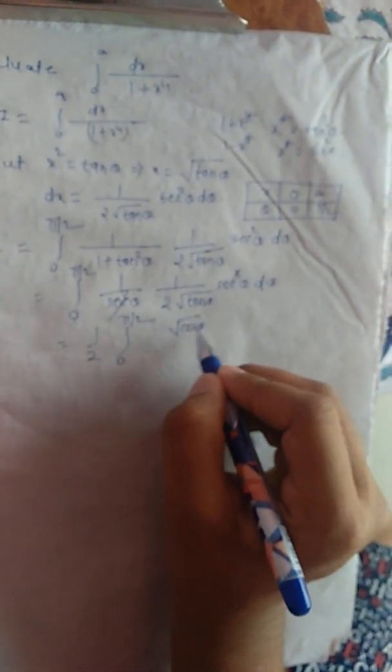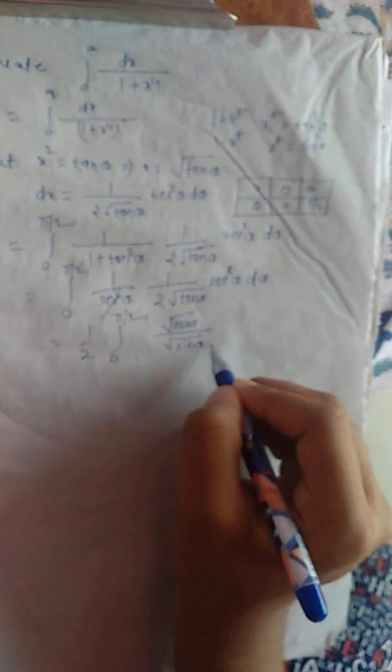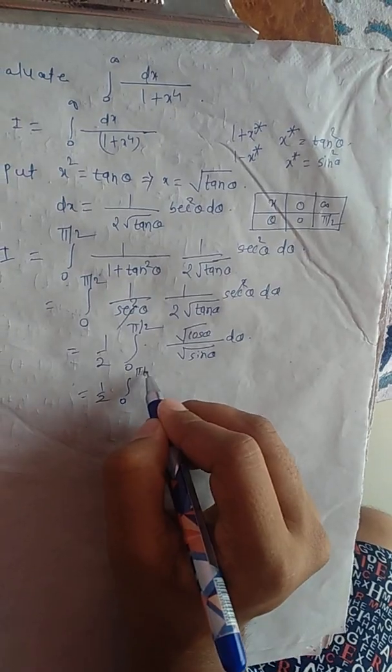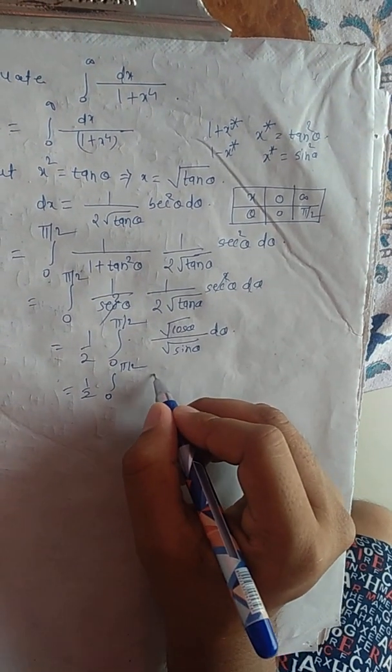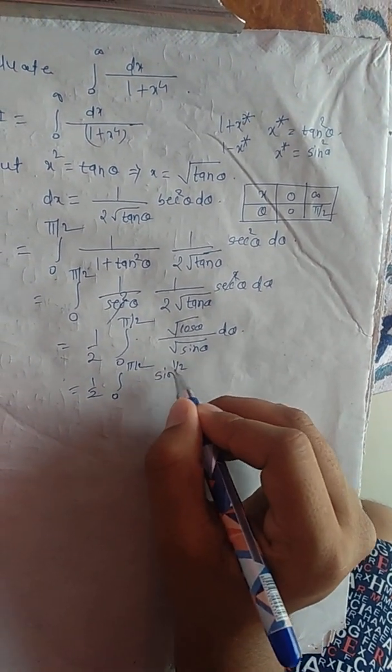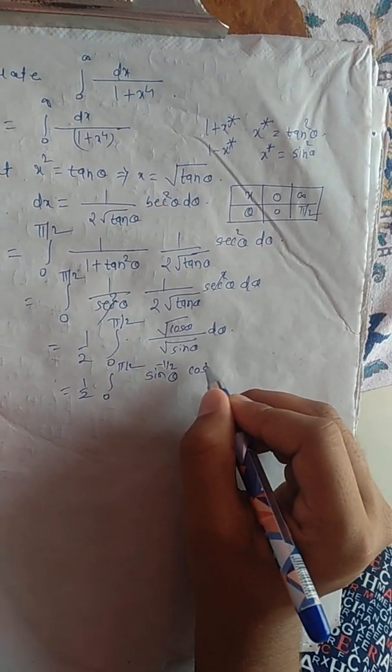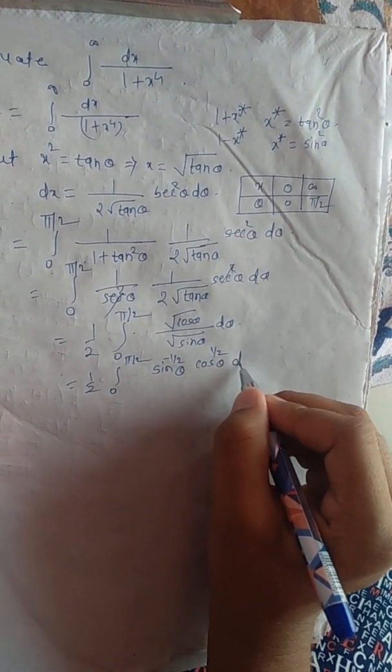Root of cos theta upon root of sin theta d theta, that is 1 by 2, integration 0 to pi by 2. This becomes sin raised to minus 1 by 2 theta cos raised to 1 by 2 theta d theta.